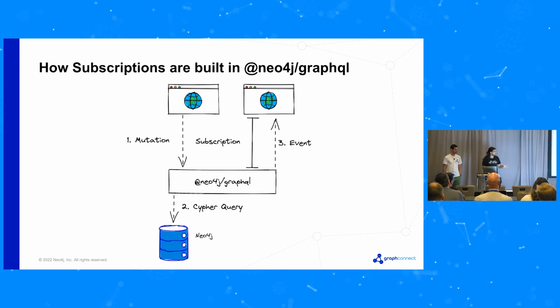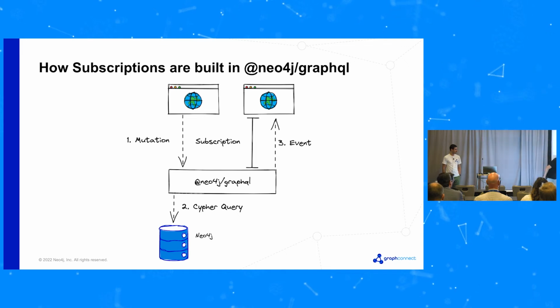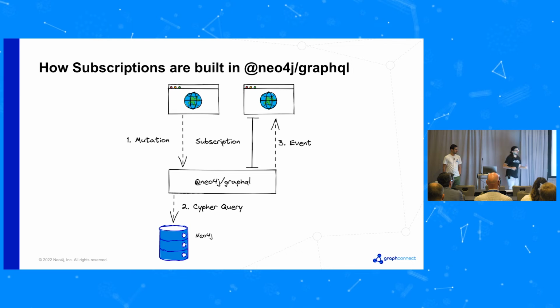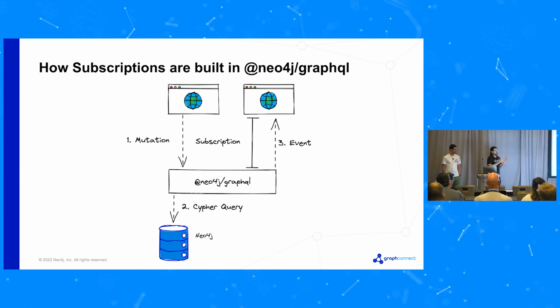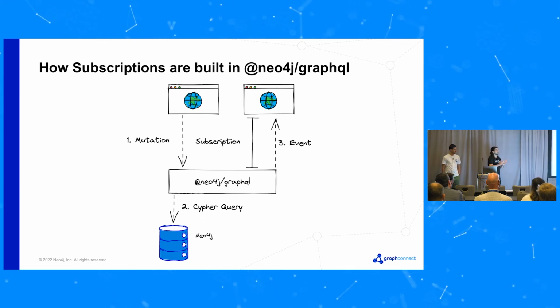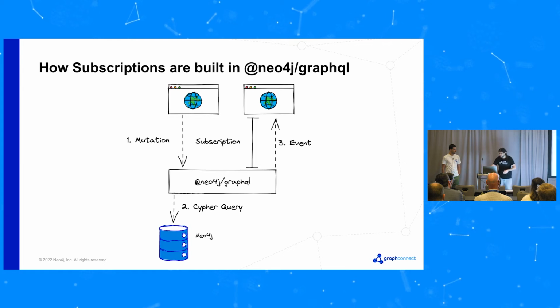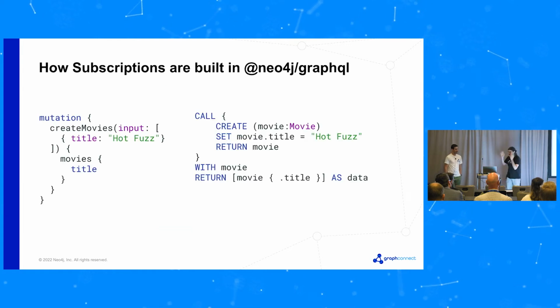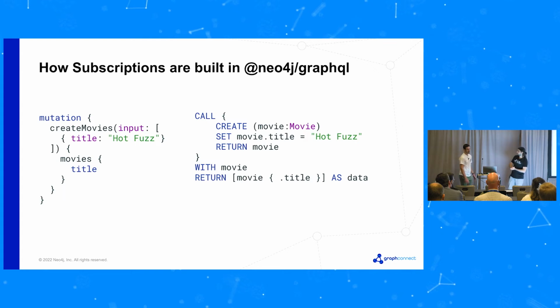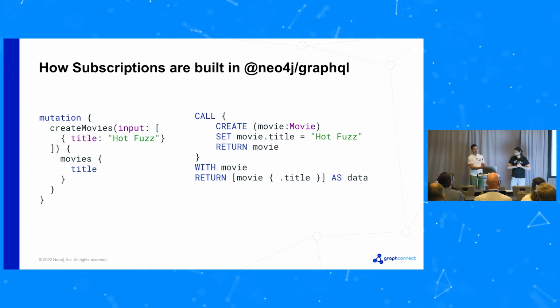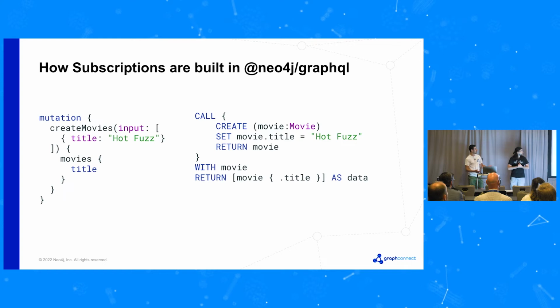So let's deep dive a little bit more into this bit, the second step, the actual translation, because that's where a lot of magic happens in order for this to be performant. Yeah, so we can call back to what I briefly talked about before, which is how this translation works. You can see here there's a mutation, create movies.